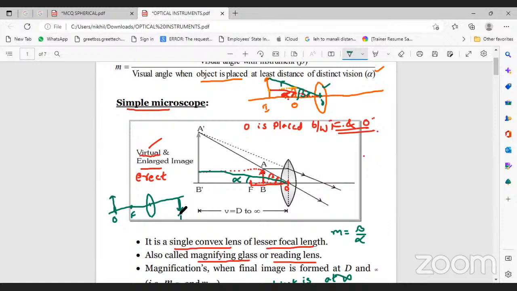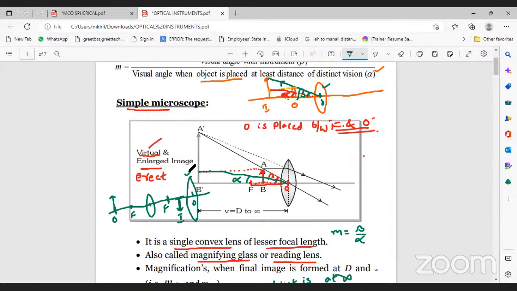Now, if I place one more lens here, such that this image should be in the position between the optic center and the principal focus of the second lens. Please analyze properly here.